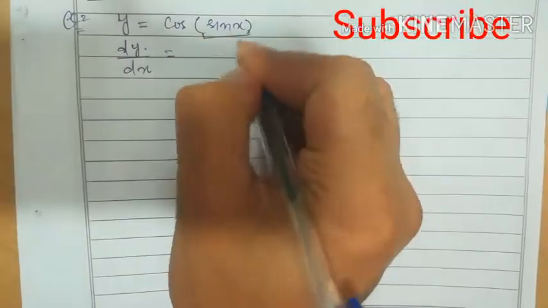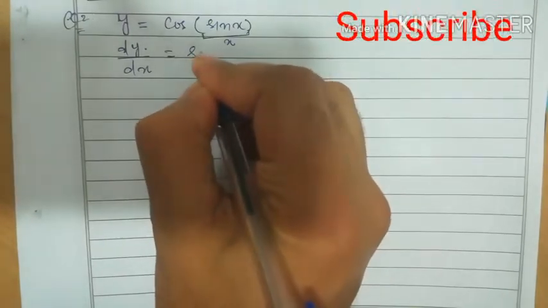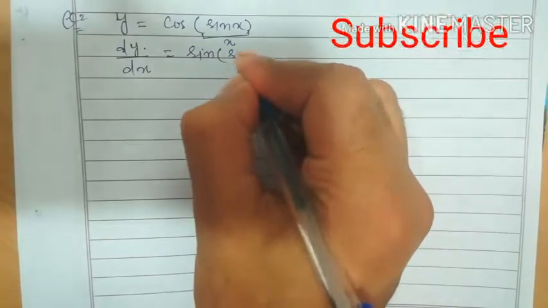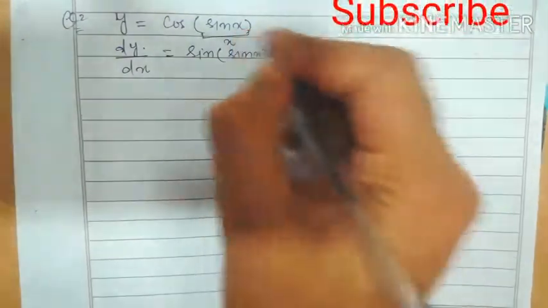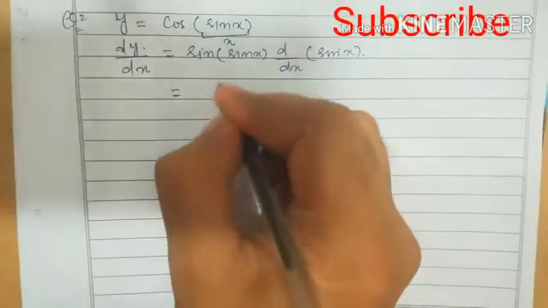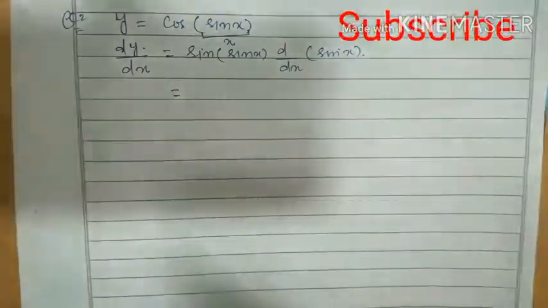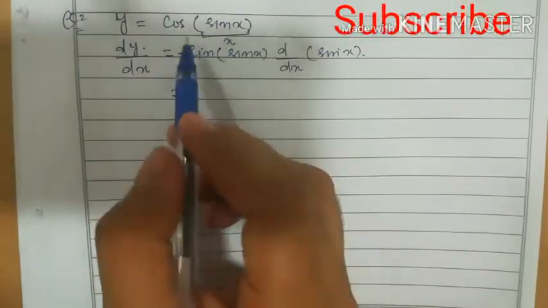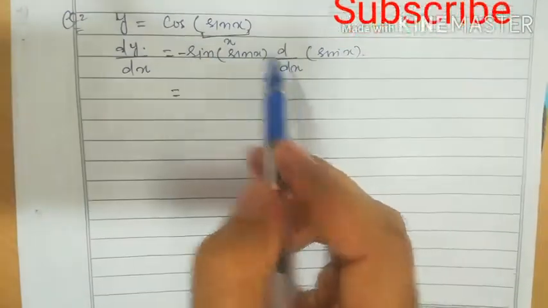Just treat this sin x as x. Differentiation of cos x is minus sin, in place of x is sin x, and then differentiation of sin x.